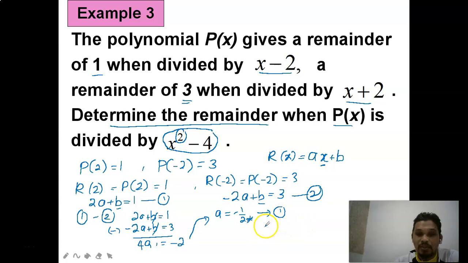So then 2 times negative 1 over 2 plus b equal to 1. 2 divided by 2, then negative 1 here, so then b equal to negative 1 will become positive, so 1 plus 1 equal to 2.